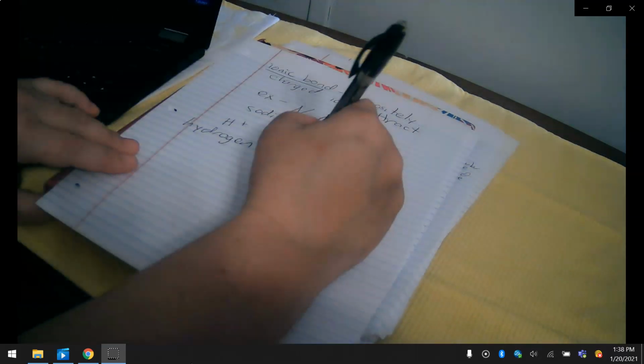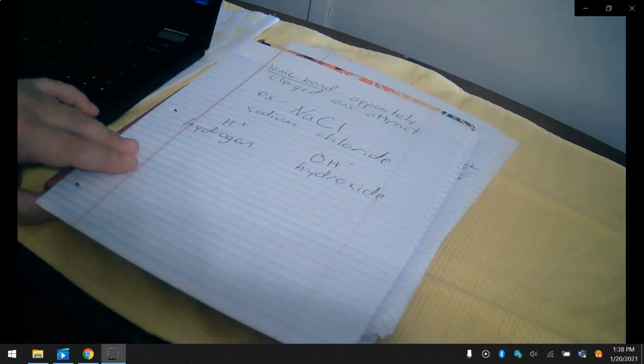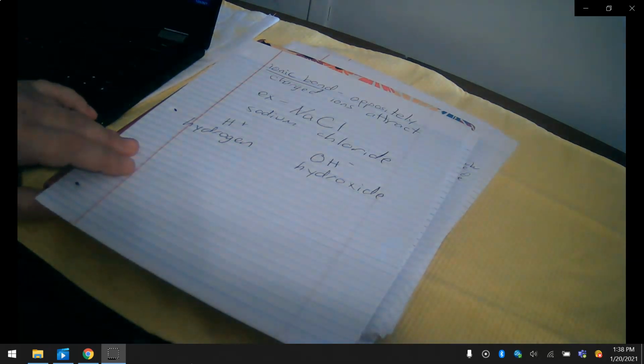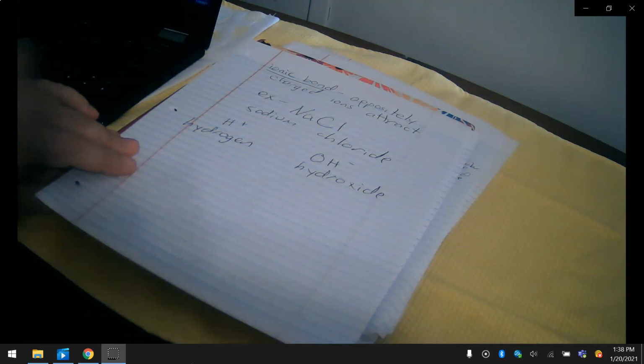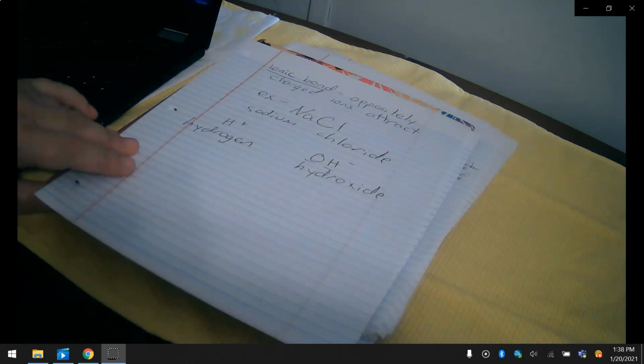It's a type of salt. So if it has hydrogen or hydroxide in it, it's not a salt. But if it has hydrogen, which is hydrogen with a positive charge, or hydroxide, which is oxygen and hydrogen together as a group with a negative charge, then it is a salt.